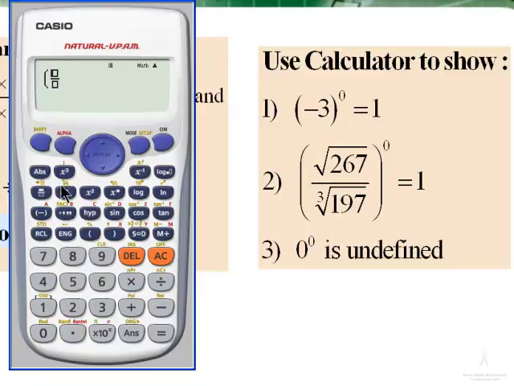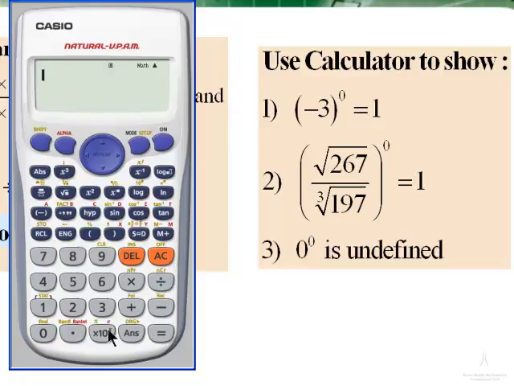The numerator is the square root of 267, while the denominator is the cube root, so that's the second function, of 197, and all of these we raise to the power 0. So what do we expect? We expect an answer of 1, which is what we get.